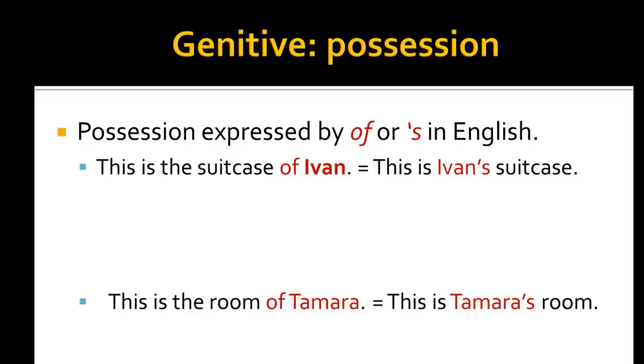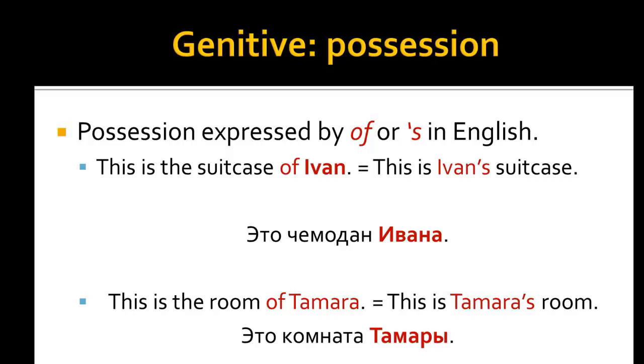For the first phrases, you will have «Это чемодан Ивана». For the second set of sentences, you will have «Это комната Тамары». Note that the word that signifies the owner is always second.